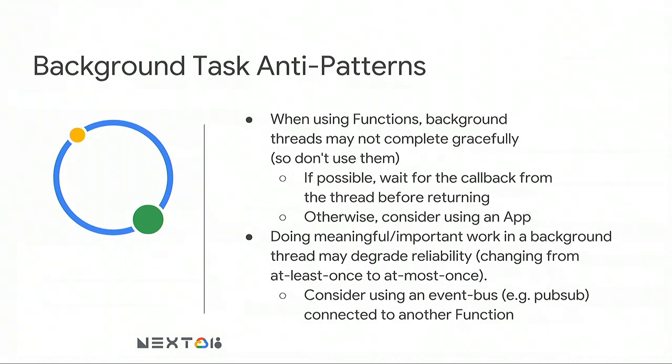Again, there is this period of time in between requests in the function case, and what do you do with background threads or background tasks that you might be running? As I said, it's very common in the web application world that you might want to respond early to a request and then do some more heavy lifting in the background. This is not going to work very well in a function abstraction because of this CPU throttling behavior.